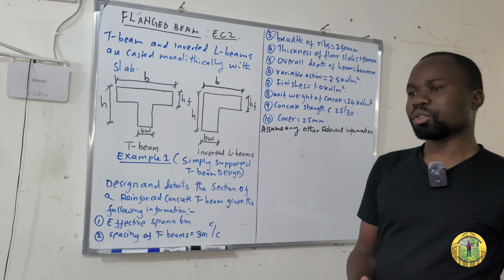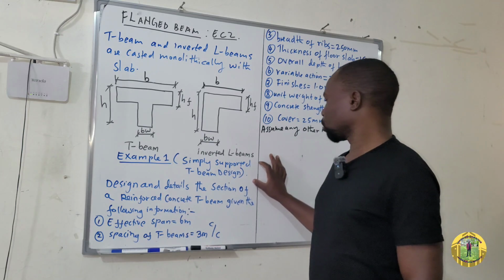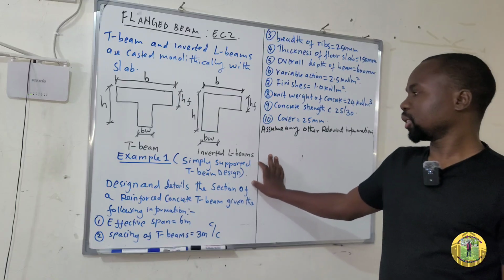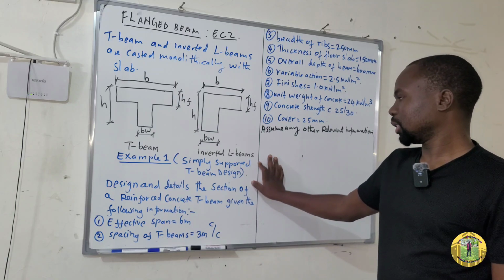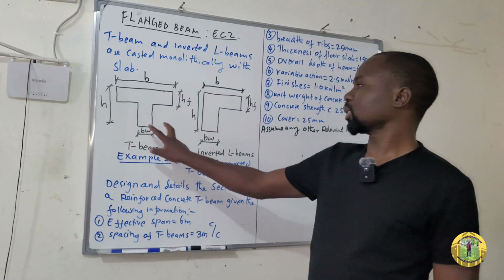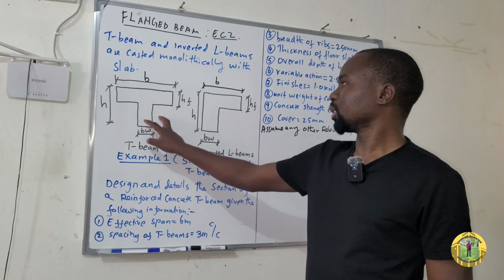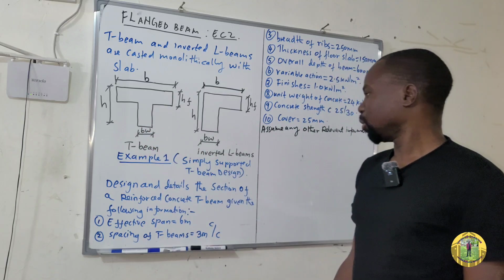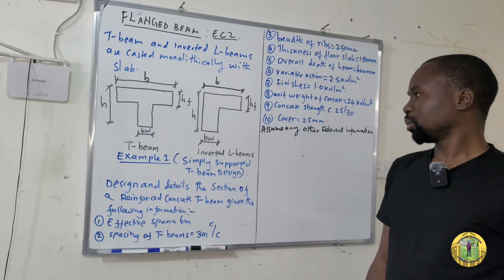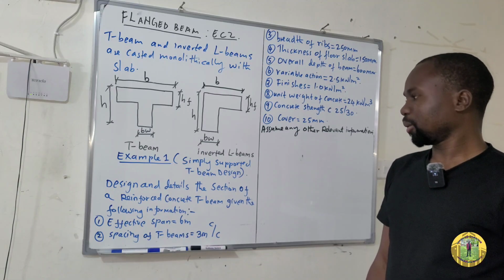So today I want to solve one problem, and this problem is a simply supported T-beam design. We want to see how we can come up with a design of a T-beam for a simply supported beam.